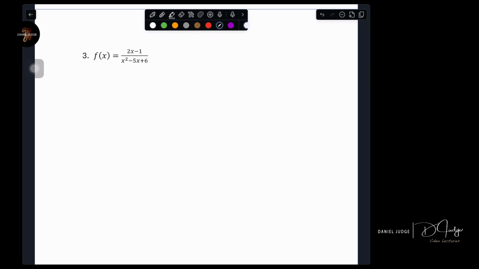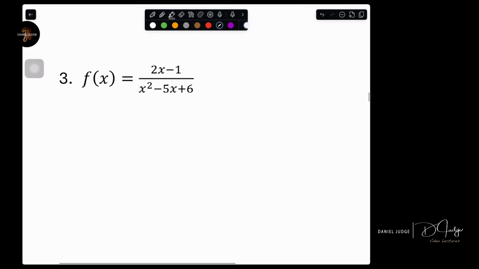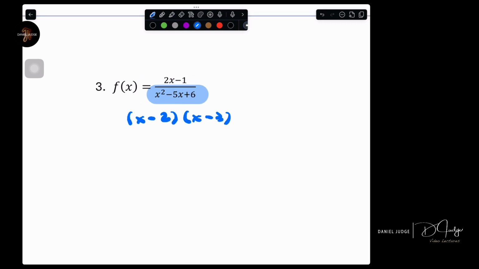Nice quick little review. We're going to do the same here. And notice our denominator of x squared minus 5x plus 6 can be factored as x minus 2 times x minus 3.